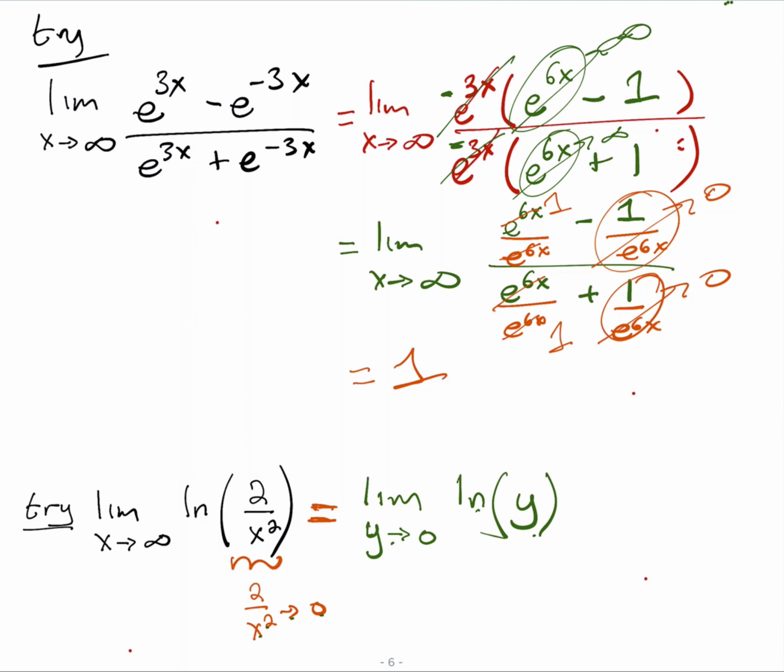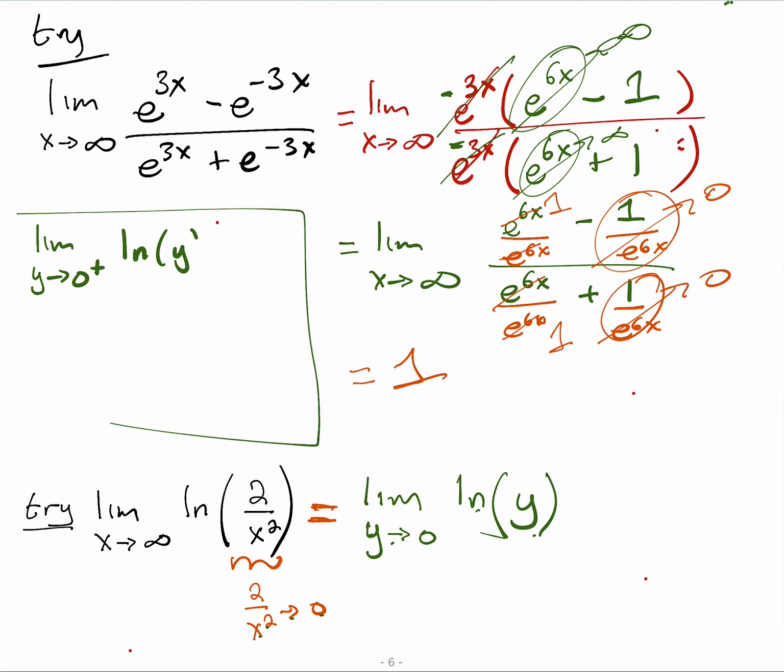Well, it doesn't exist at 0, but what about if you approach it from the right or the left? You cannot approach it from the left, exactly. So it matters what direction you approach it from. If you're finding the limit as y approaches 0 from the right of ln of y, what is this?